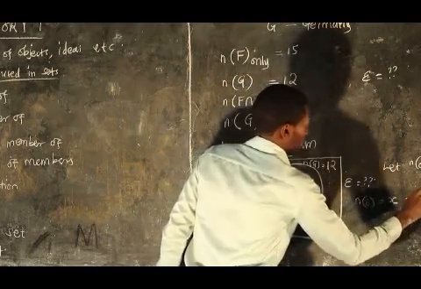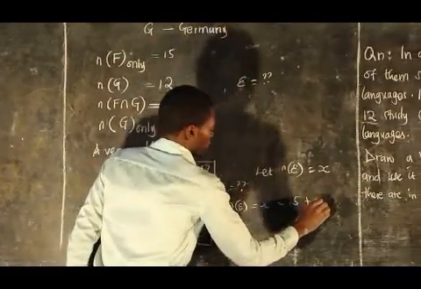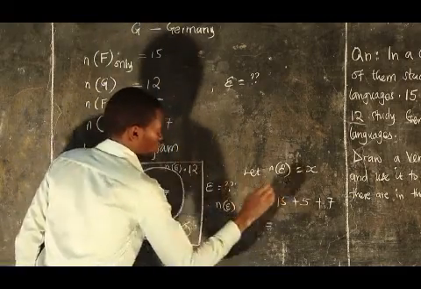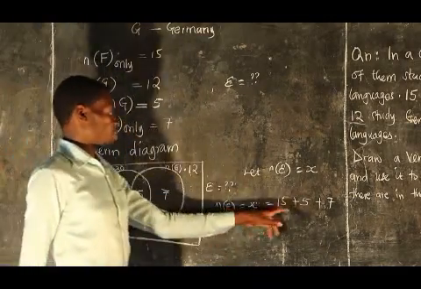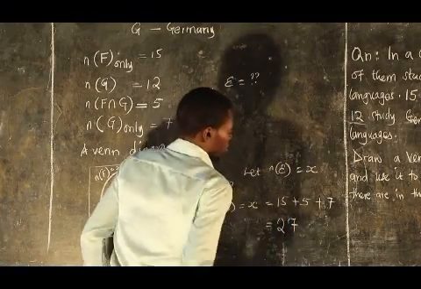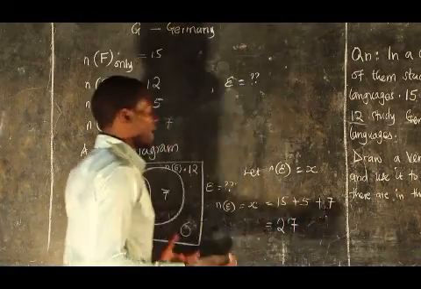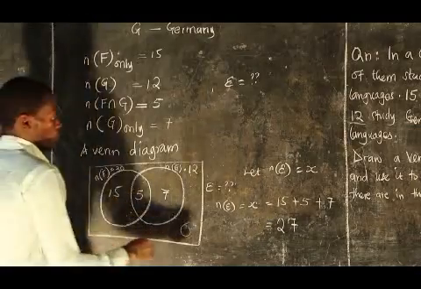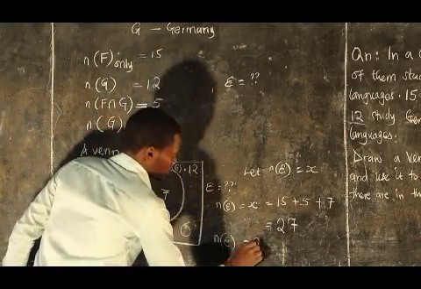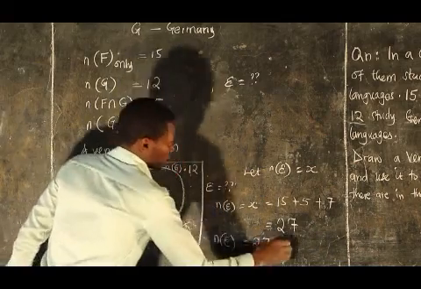So this is 15 plus 5 plus 7. So the universal set is 15 plus 5, you get 20, plus this one is 27. So 27 children are there in the group. So the number of the universal is going to be 27 children in the whole group.